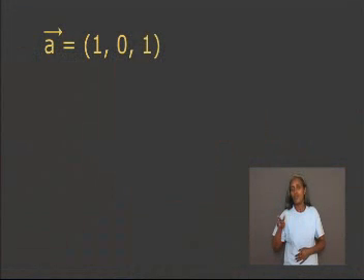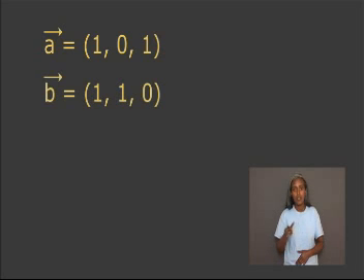Here we have two vectors. Each begins at the origin point. Vector A terminates at coordinates 1, 0, 1. Vector B terminates at coordinates 1, 1, 0.